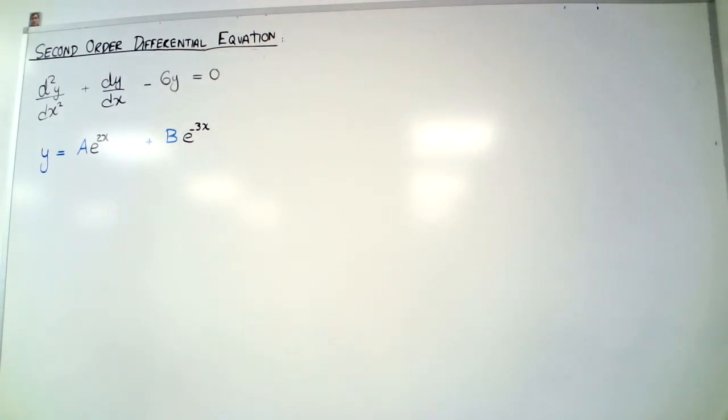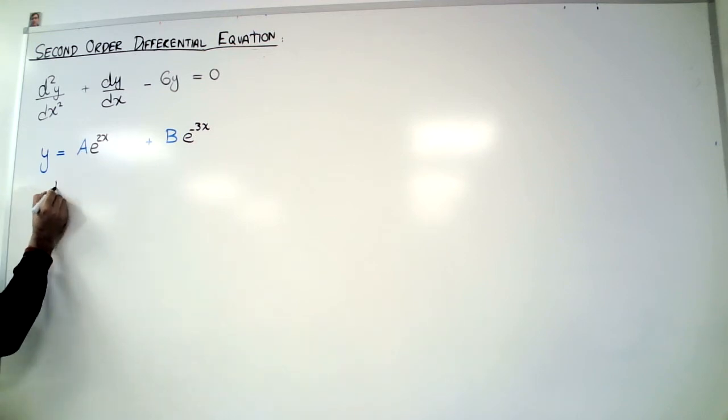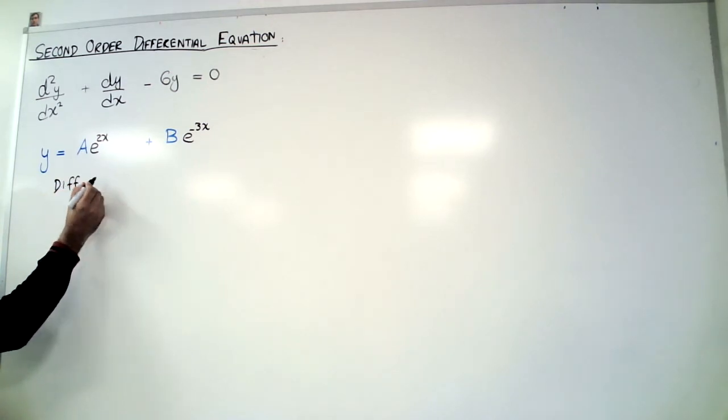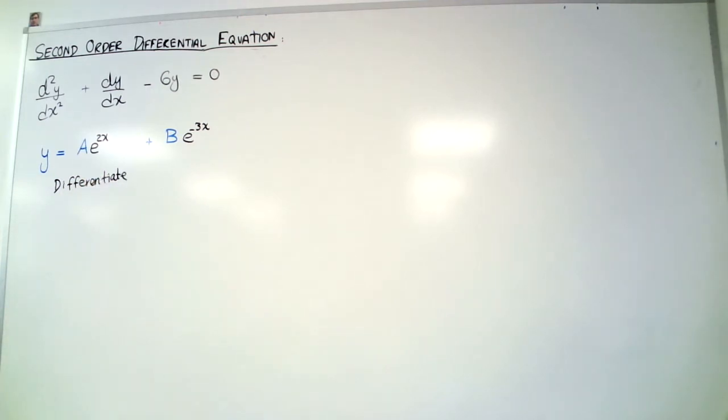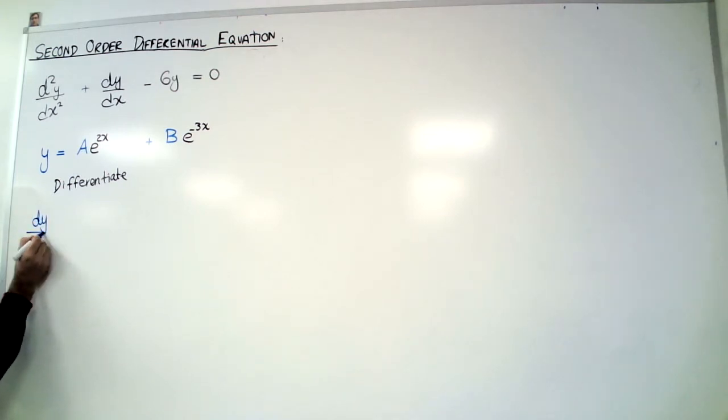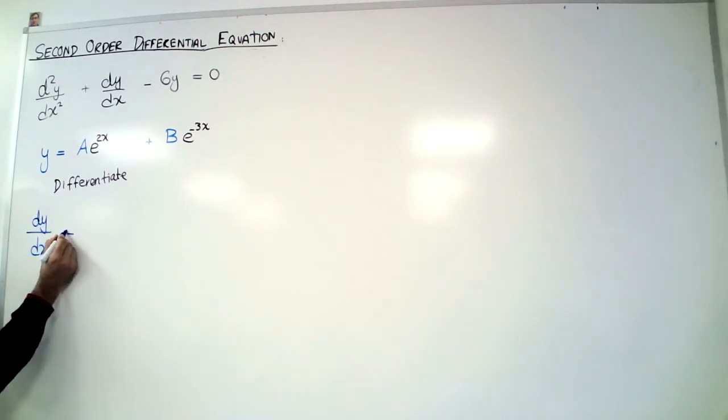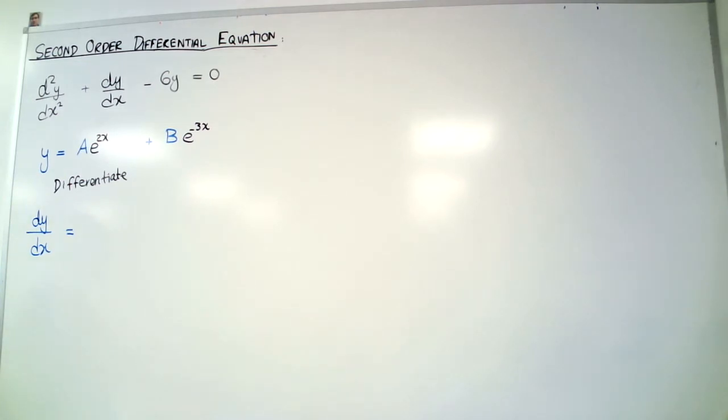Now what I need to do is differentiate that bit as well. So let's differentiate it. When I differentiate, this side is going to become dy over dx. This side, now A and B are constants.